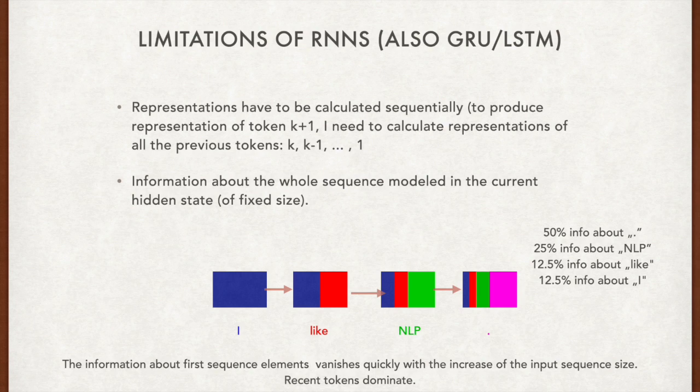In the case of short sequences consisting of, for example, 10 tokens, and extremely long sequences consisting, for example, of 10,000 tokens, the representations of the sequences can be extracted from the output of the last hidden state, and this is a single fixed size vector. The consequence of the first drawback is obvious. We cannot parallelize the training in the context of a single sequence. But what's the consequence of the second drawback?